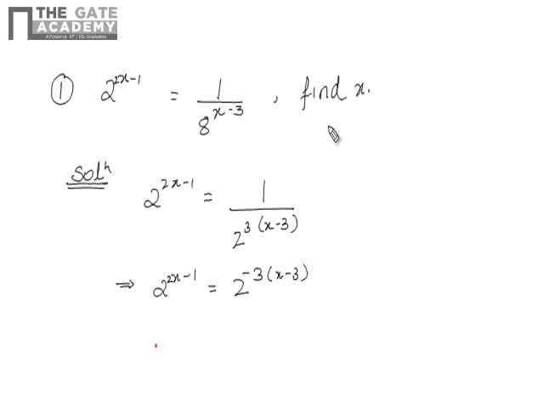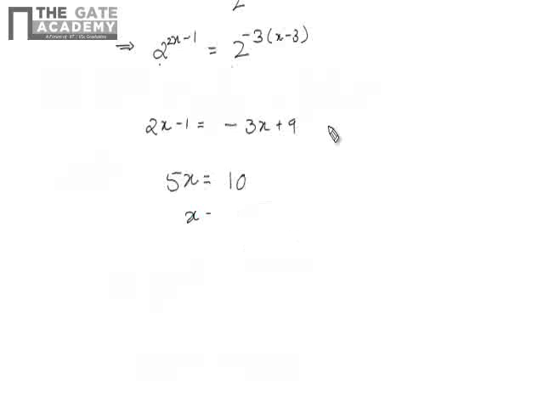Okay. Now 2 and 2, the base is same. Now you can compare the power. That is 2x minus 1 is equal to minus 3x plus 9. 5x is equal to 10, means x is equal to 2. This is the final answer.